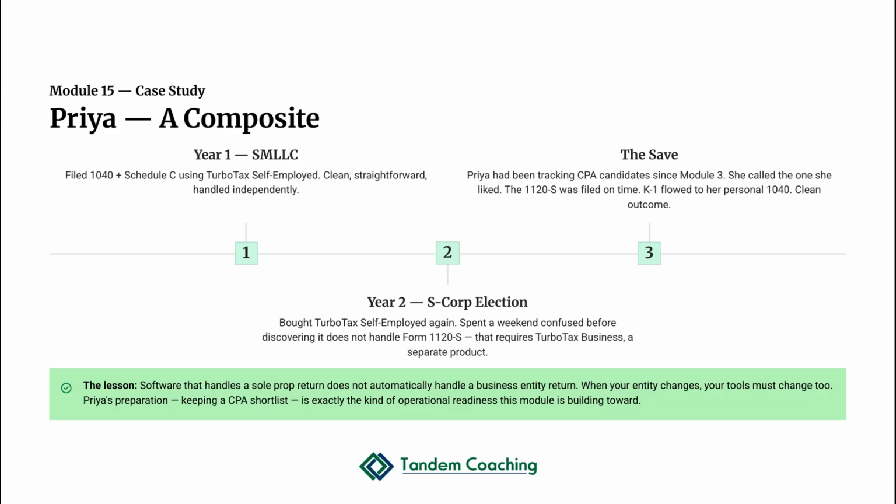Spent a weekend confused about why the software wouldn't let her create a 1120S. The product she needed was TurboTax Business, a separate desktop-only product. By the time she figured that out, the CPA she'd been quietly tracking since Module 3 had a March slot open. The 1120S got filed in time.